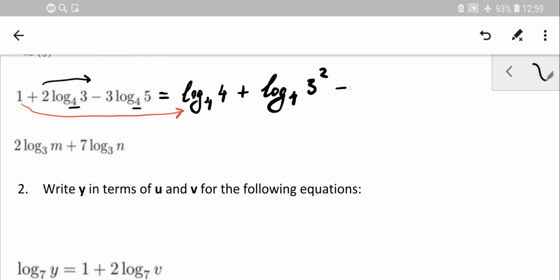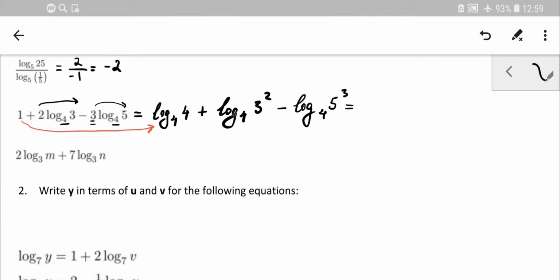Obviously, I keep the minus, no problem, and I raise this 3 to the power of 5 now. So we arrived at all logs with the same base, and now I'm going to use the property about addition and subtraction for logs with the same base.